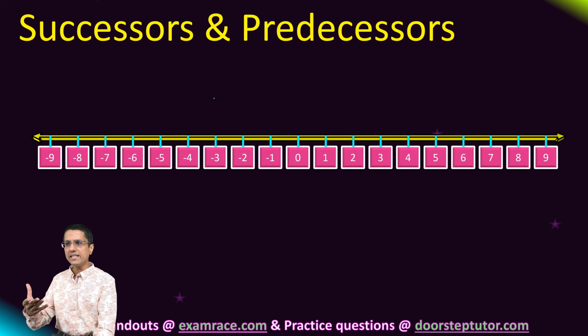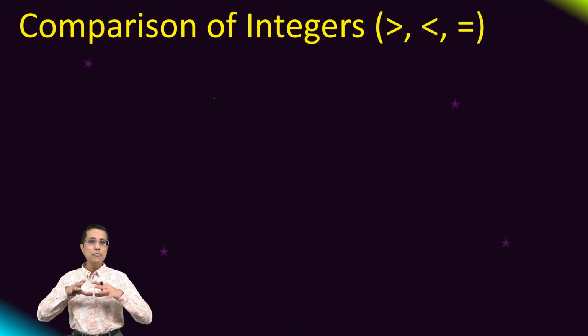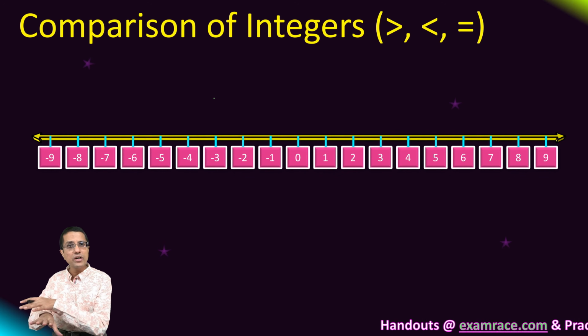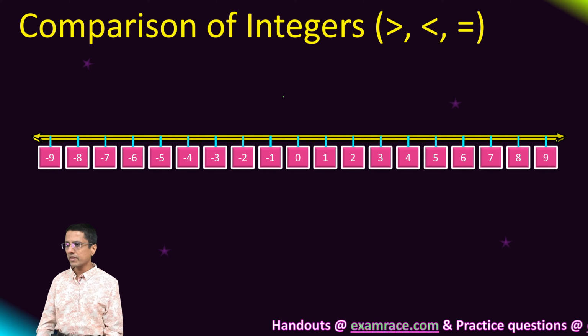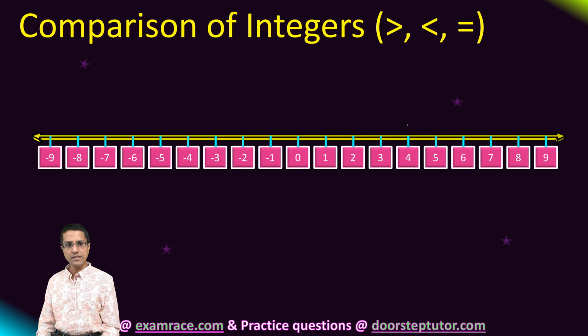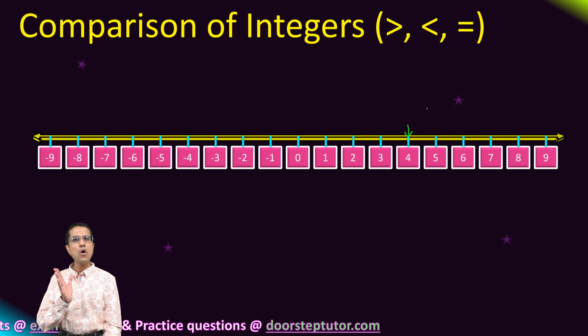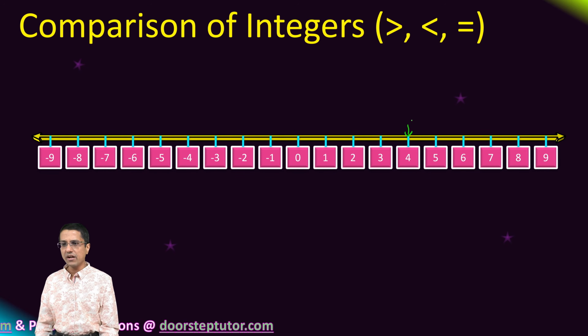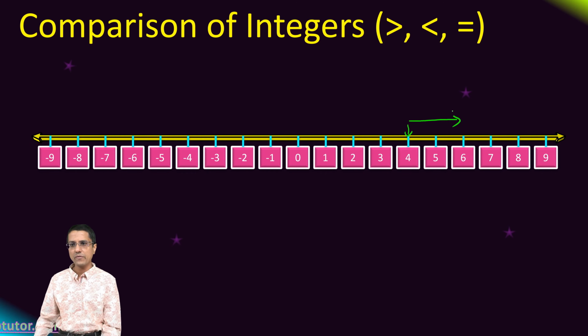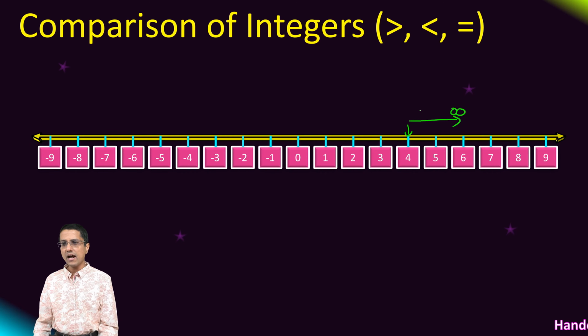Now, using this basic concept of predecessors and successors, we can understand how the greater than and less than relation actually works across this whole number line. Let's again start with a very simple example. Let's consider the number 4. All the numbers to the right of this number 4, 5, 6, 7, 8 till infinity, are actually greater than number 4 itself.